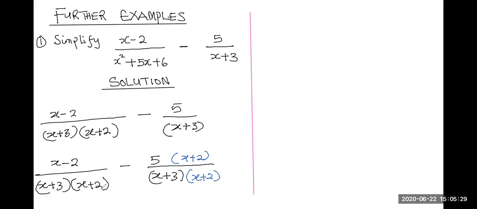Since the denominators are the same now, we have x minus 2 as the numerator, then we expand: minus 5 times x gives minus 5x, and minus 5 times plus 2 gives minus 10. Please make sure you are expanding correctly, because students normally make mistakes around this point when they expand with a minus sign. They apply the minus only to the first term and forget the other terms inside.